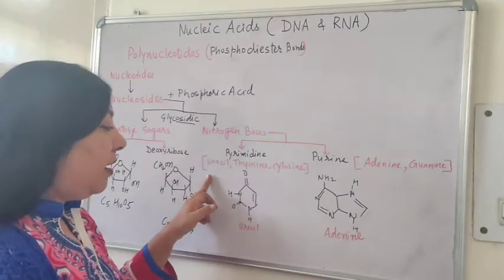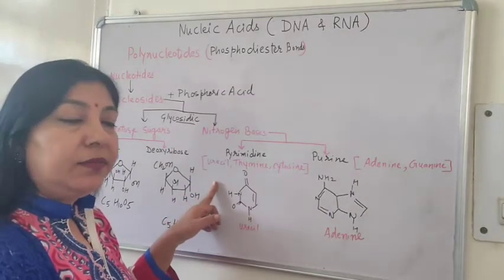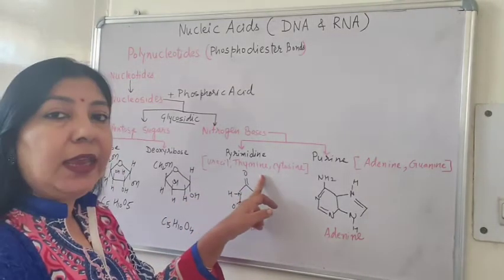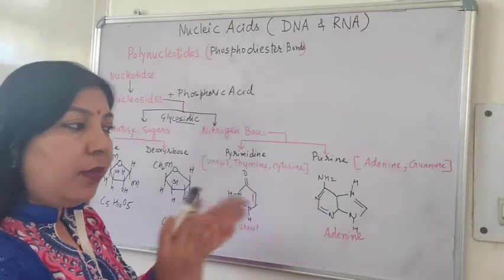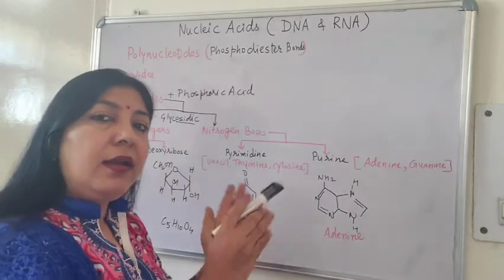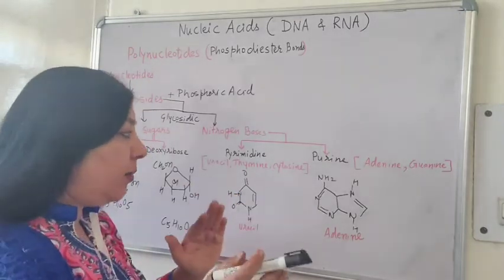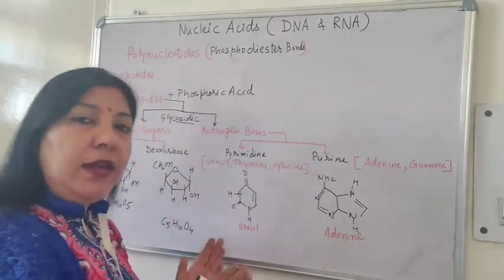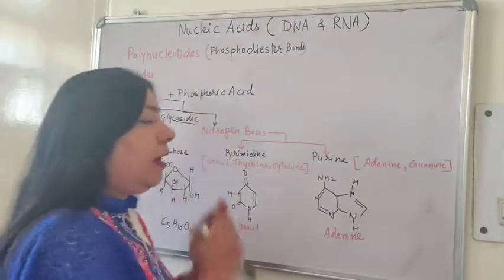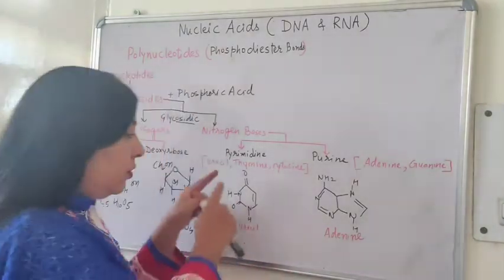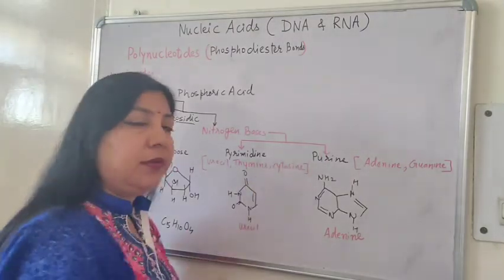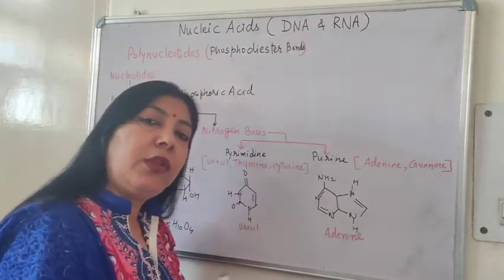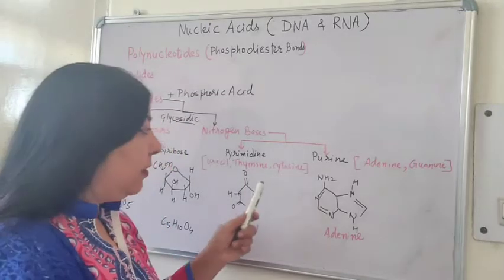In RNA, it is uracil, whereas in case of DNA, it is thymine. So thymine and uracil are different. Almost they are similar, but in RNA, it is uracil. In DNA, it is thymine. Also, cytosine. Cytosine is present both in RNA and DNA.